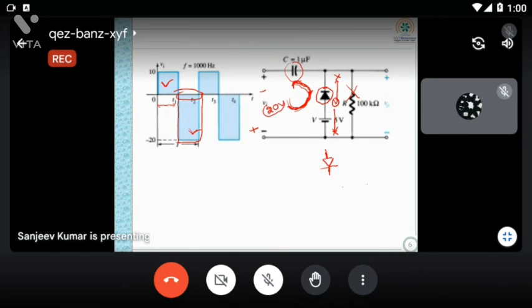Do it. Apply the KVL. You see how much you are getting. But the capacitor you have to charge up to the input voltage. Because why are you making it a conducting path? Because the capacitor has to charge up to whatever input you are giving. So if I am taking less than V, then the capacitor will charge.